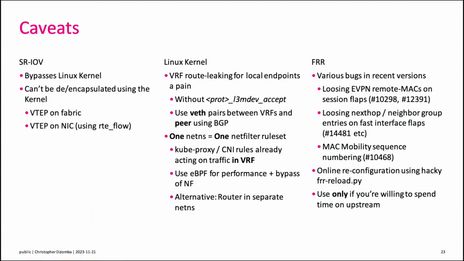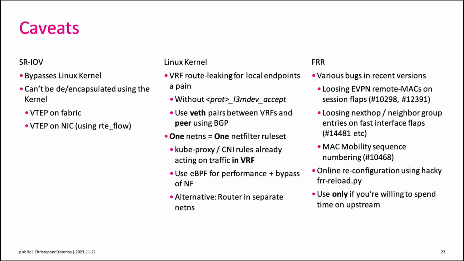In our case, we have not only cloud native network stuff, we have also SR-IOV enabled for some of our customers. SR-IOV is in general bypassing the Linux kernel, so you have no possibility to capture this packet on the host. And for that reason, the kernel doesn't see the packet. There's also no encapsulation and decapsulation possible for VXLAN.